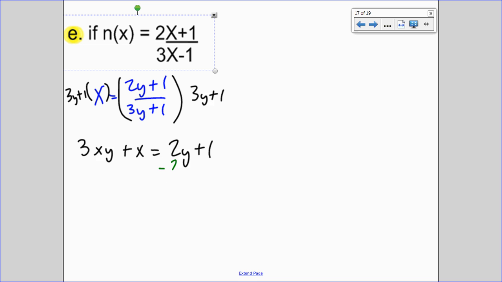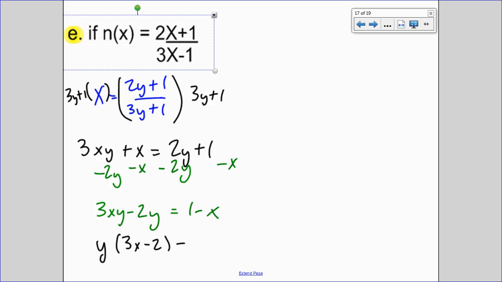So what I'm going to do is I'm going to group my y's together. I'm going to bring my 2y to this side, and then subtract x to the other side. So I get 3xy minus 2y equals 1 minus x. From here, this is the little math magic. I got to get these two y terms into one term. So if I factor it out, notice that I'm just left with a y term.